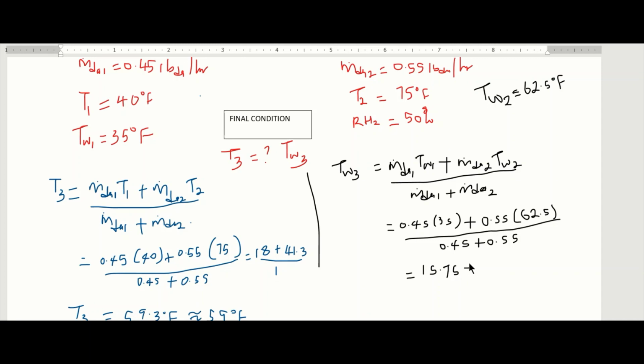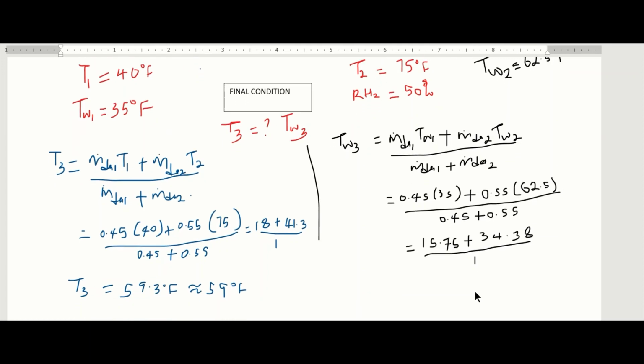Plus 0.55 times 62.5 gives us 34.38. Divide by 0.45 plus 0.55, which gives us 1.